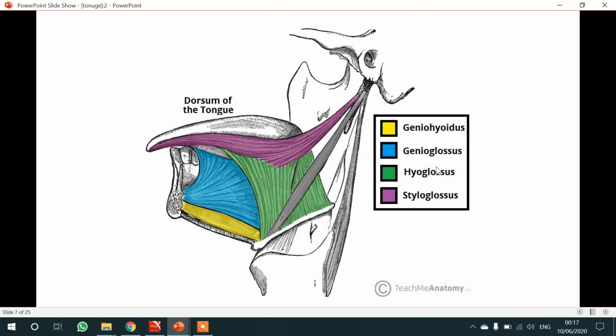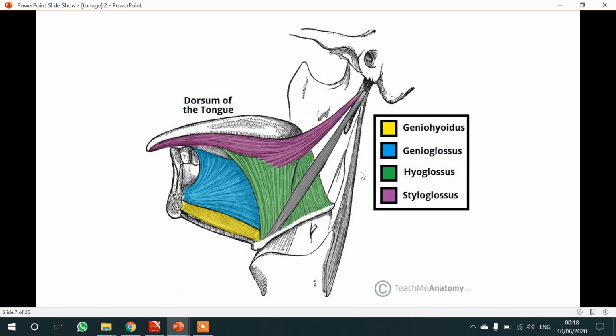Wherever the word glossus is, it is related to the tongue. So these three muscles, especially genioglossus, are actually tongue muscles, and geniohyoid is a suprahyoid muscle. Forget about it. Here three muscles have been shown, which are extrinsic.